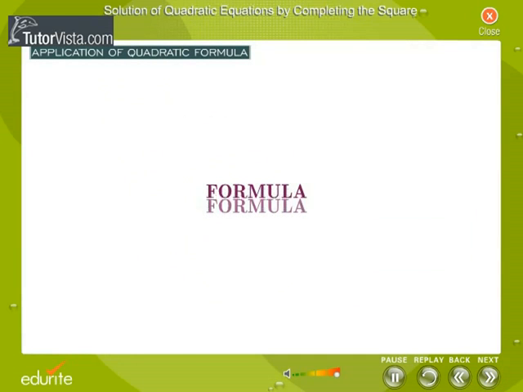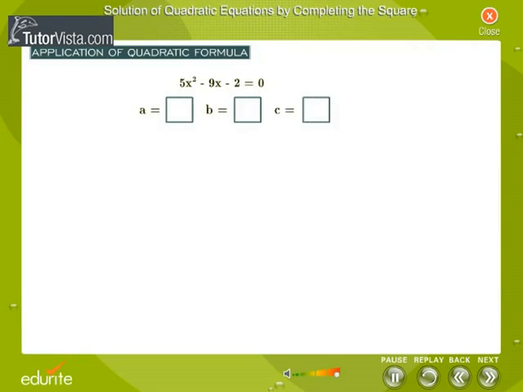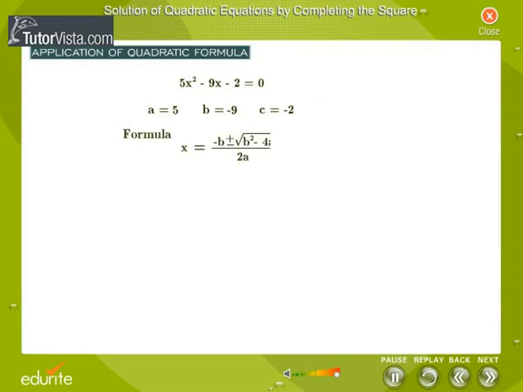Let's now solve a quadratic equation by applying the formula. In the equation 5x squared minus 9x minus 2 is equal to 0, find the values of a, b, and c. Key in your answers. We substitute the values of a, b, and c in the formula and calculate the values of x. Key in your answers for each line.